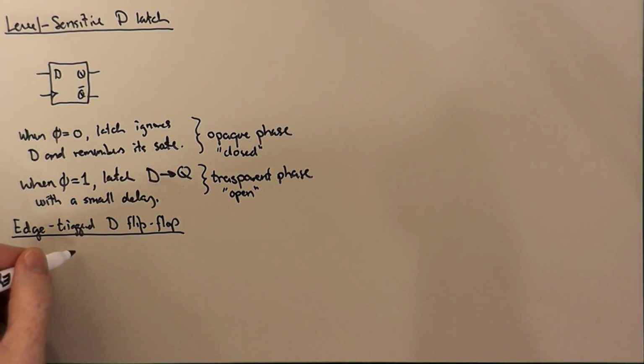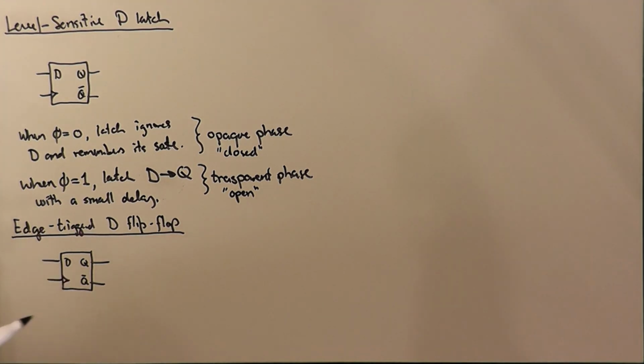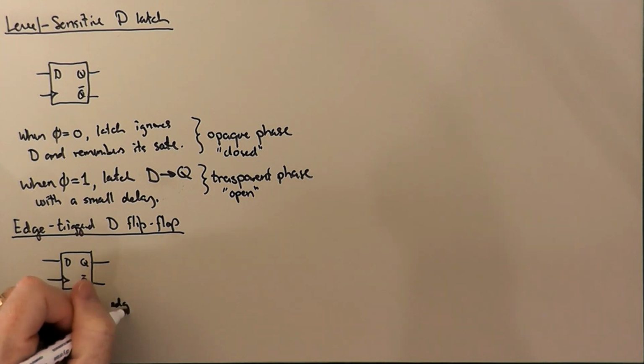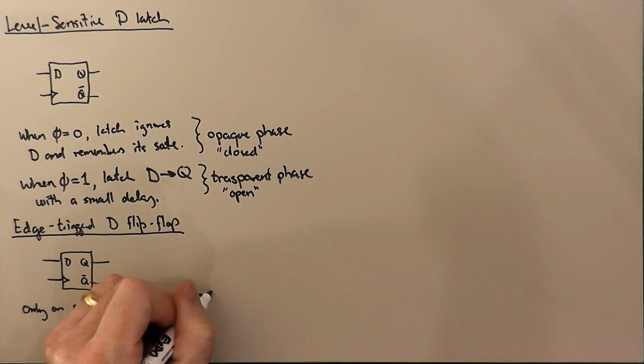In fact, we often draw it with pretty much the same symbol. So it's got a D input, a Q and a Q bar output, and it's got a clock input. But in this case, it's only on a clock edge that D gets propagated to Q.